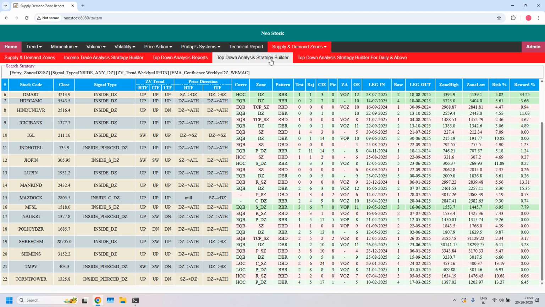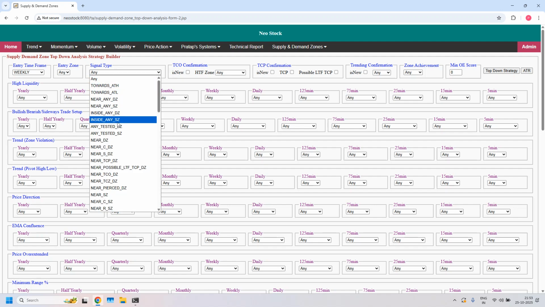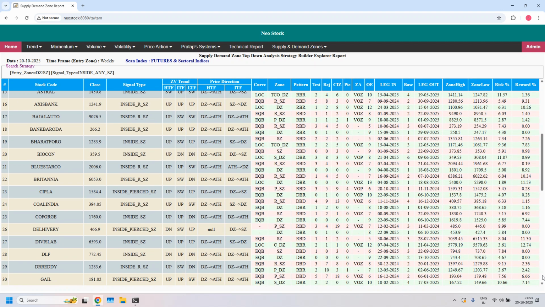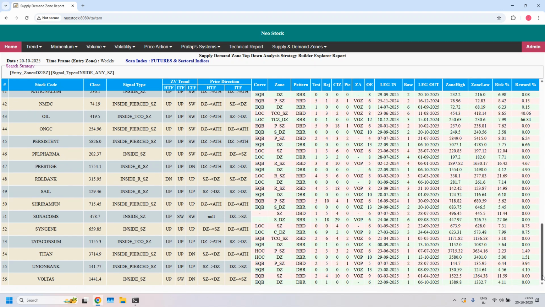Okay, next, price closed inside the weekly supply zone. First 15 stocks in the list. Scrolling the list down, so total 56 stocks are filtered.